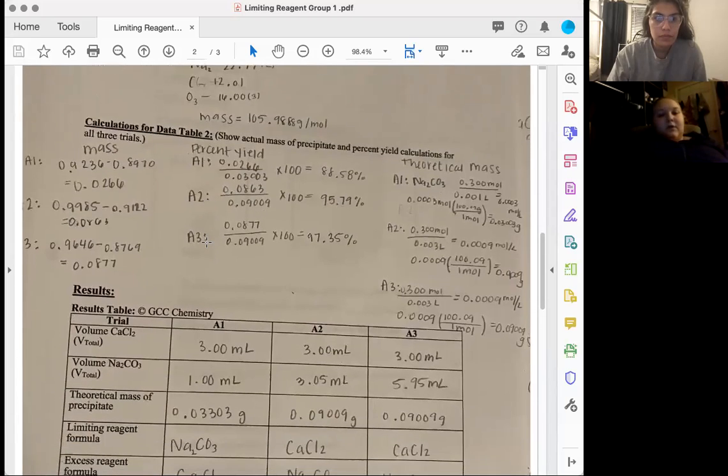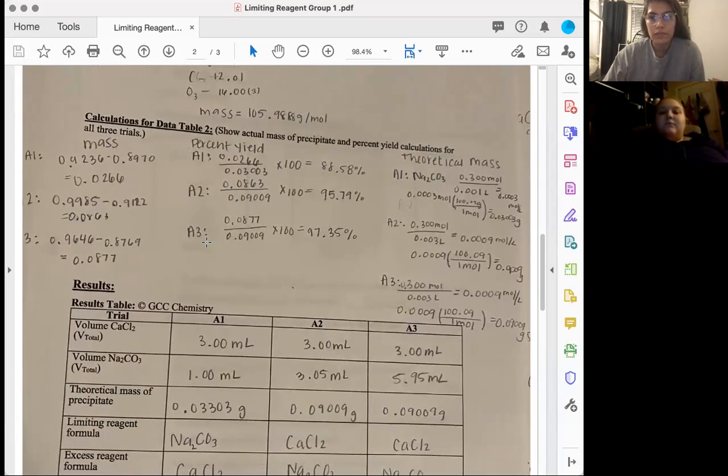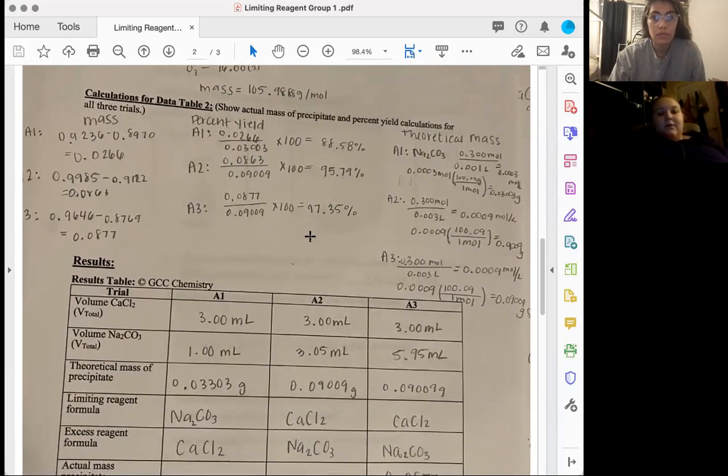So first thing we're going to talk about is how we got the actual mass of precipitate and the percent yield calculations. In order to present percent yield, we had to find the actual mass. To get that, we took the molarity of the limiting reagent, which we'll talk about later, for each of the trials, and multiplied it by the volume in liters of the limiting reagent.